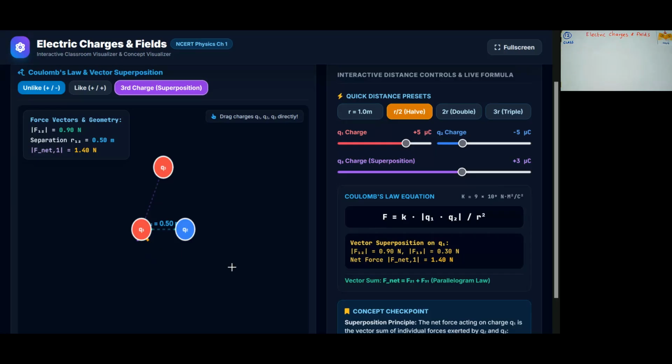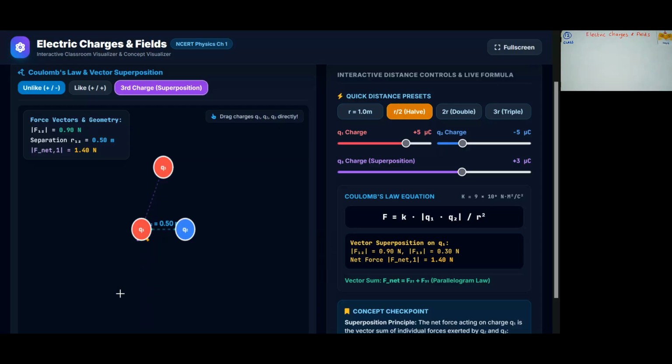So charge Q1 has two distinct force vectors acting on it. Vector F12, shown by the green line, pulling Q1 toward Q2.